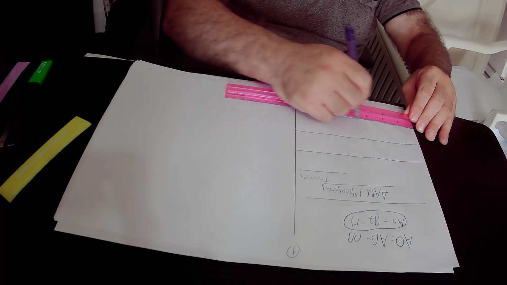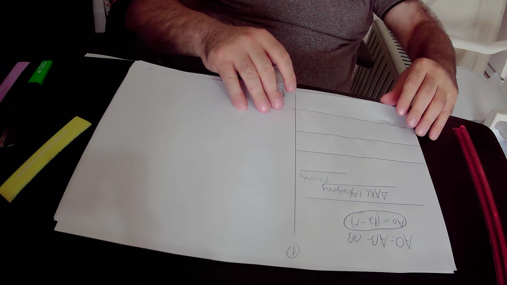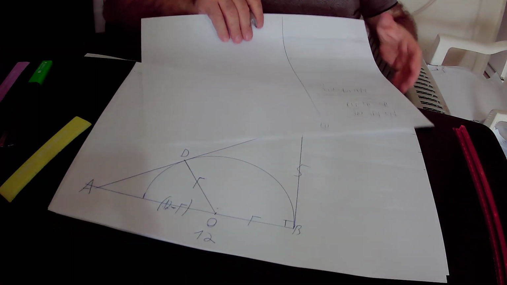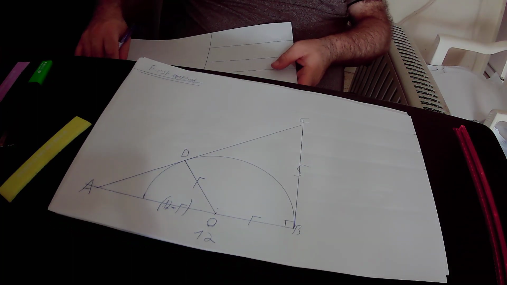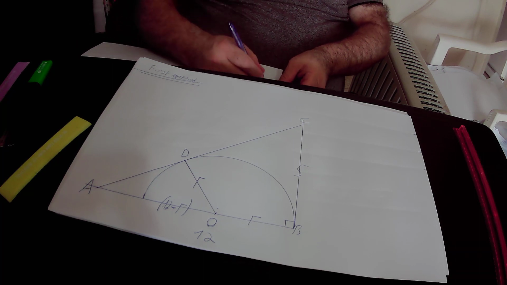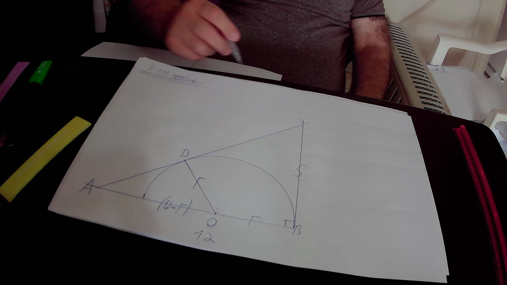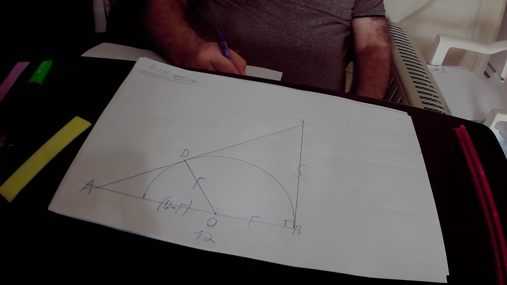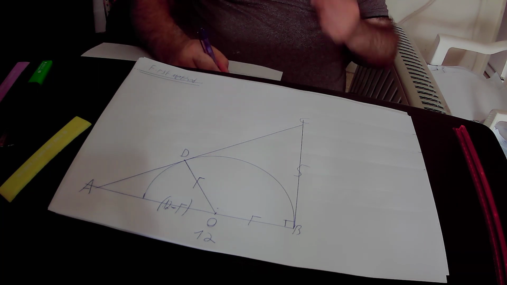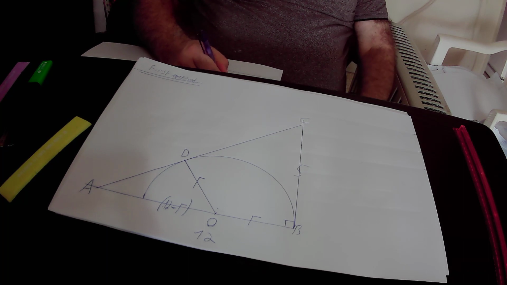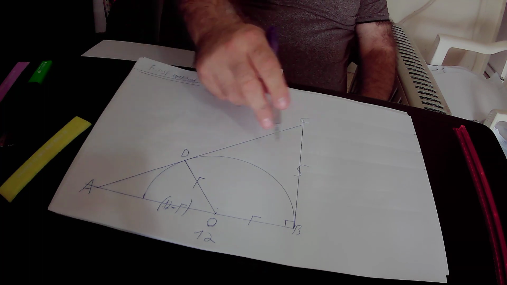So actually in the right triangle ABC, the square of the hypotenuse is AC squared because the hypotenuse is AC, and it equals the sum of the squares of the perpendiculars. That is to say, it equals CB squared plus AB squared.